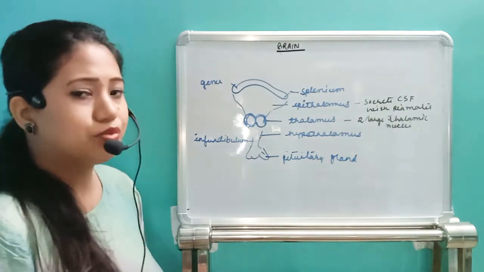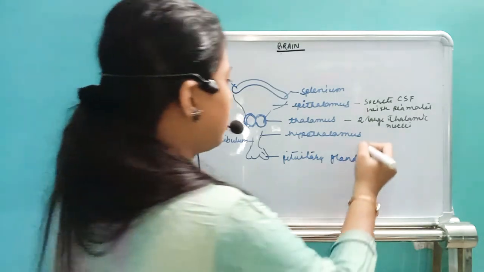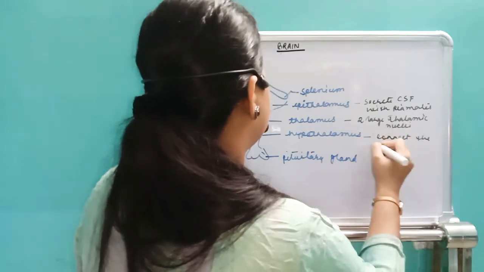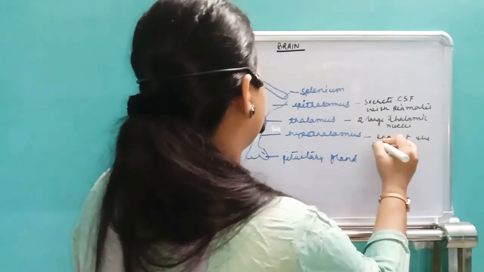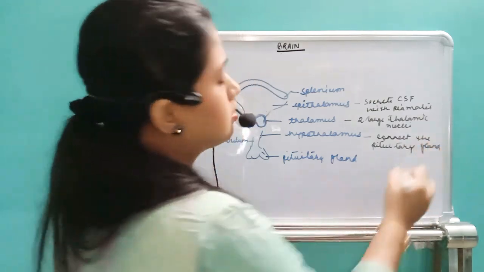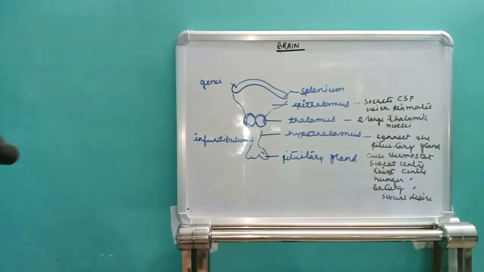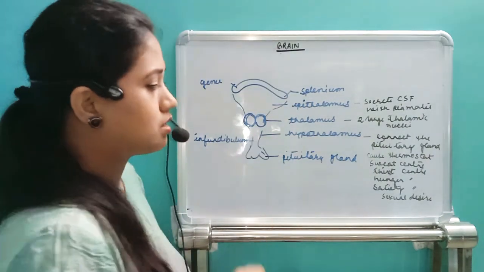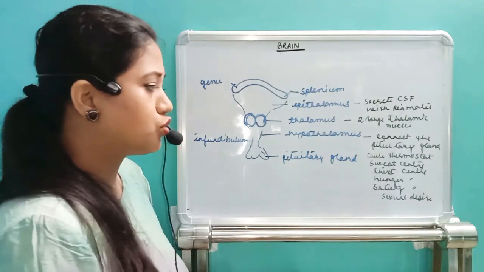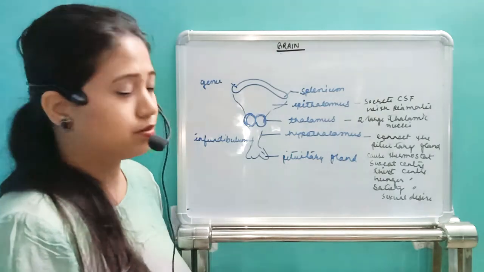Then the hypothalamus has a number of other functions too. First of all, it connects to the pituitary gland by means of a stalk called the infundibulum.